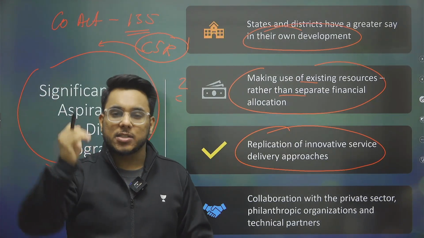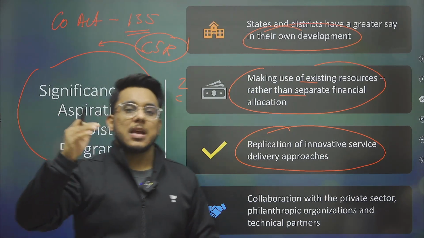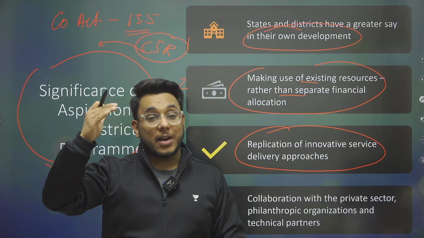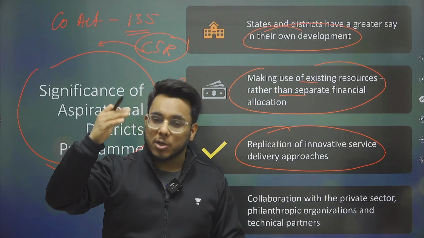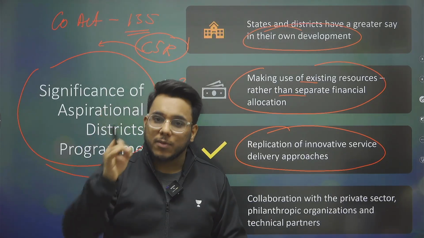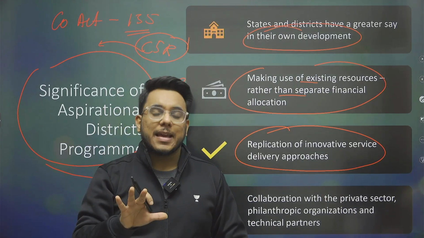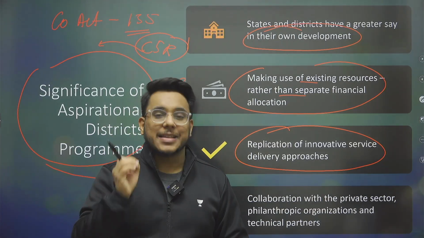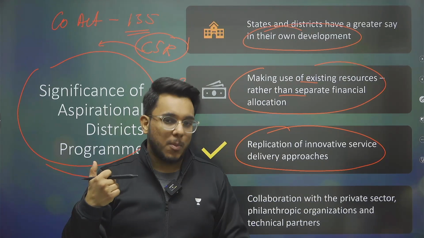There are three conditions. For example, if a corporate has a turnover of more than 1000 crore, or a net worth of 500 crore or more, or a profit of 5 crore or more. If they are fulfilling any of these conditions, they have to contribute 2% of their profit as CSR, and this CSR money will be used for developmental activity.